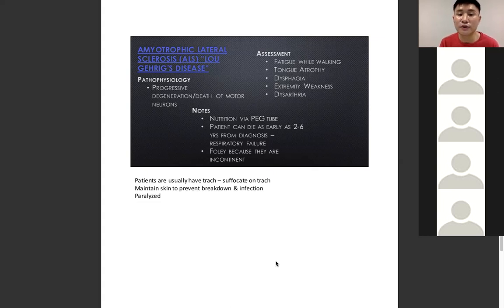Note nutrition via PEG tube. Patients can die as early as 2 to 6 years from diagnosis because of respiratory failure. A Foley catheter because they are incontinent. Because these patients with ALS have motor neurons that are degenerated or dead, they cannot control their motor function.